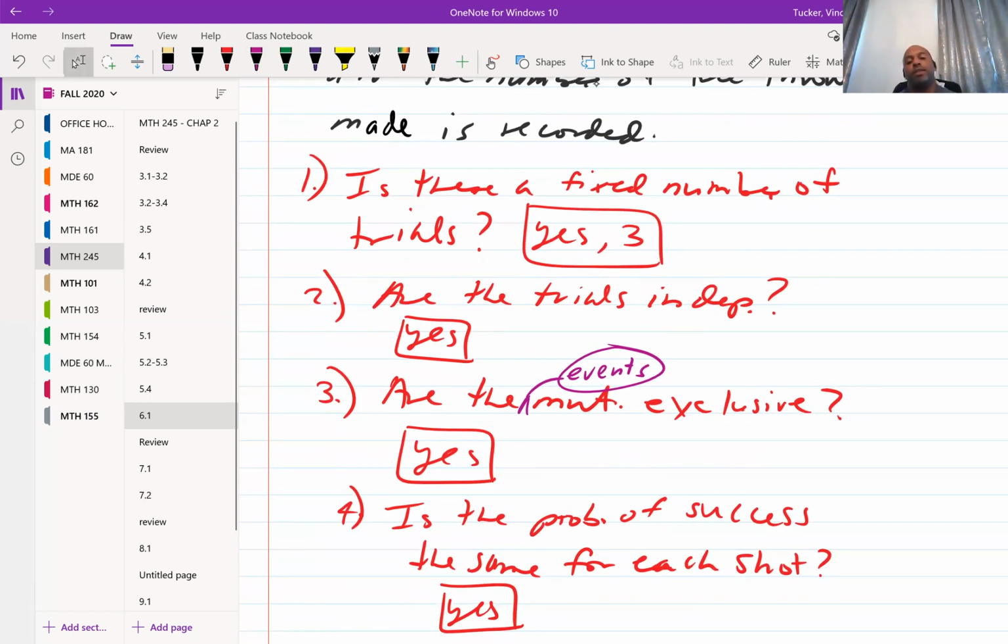Is the probability of success the same for each shot? The answer is yes, because he has enough history to say that he is an 80% free throw shooter. So you are leaning upon the idea that 80% is your chance of him making the shot.